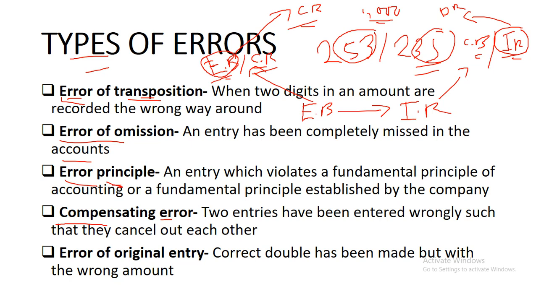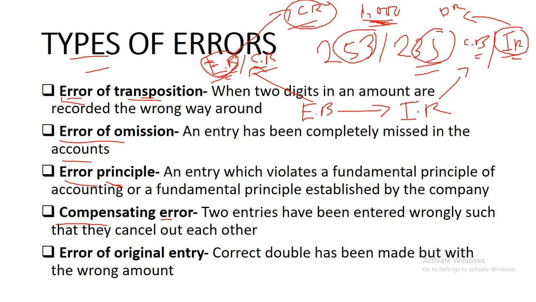Instead of debiting the electricity bills account, we credit it with 1,000.